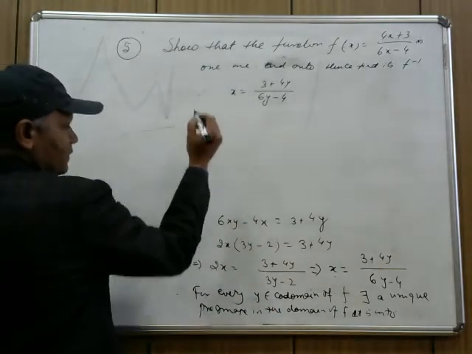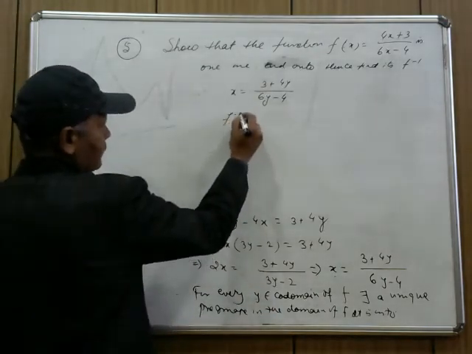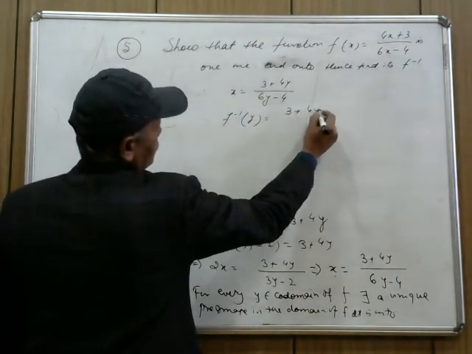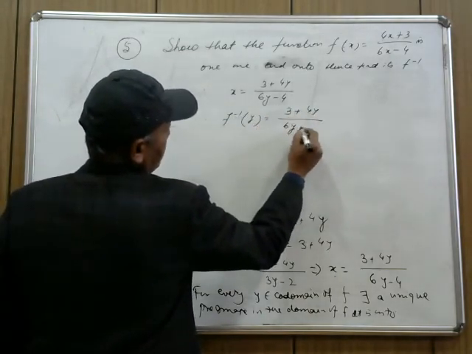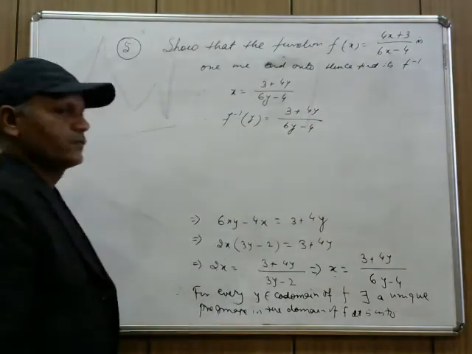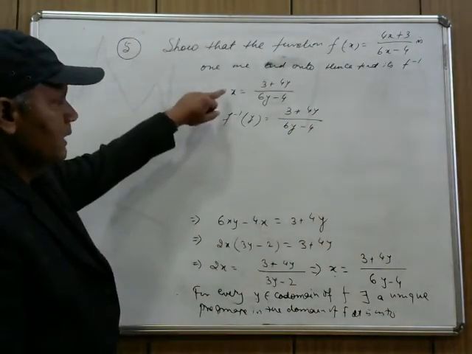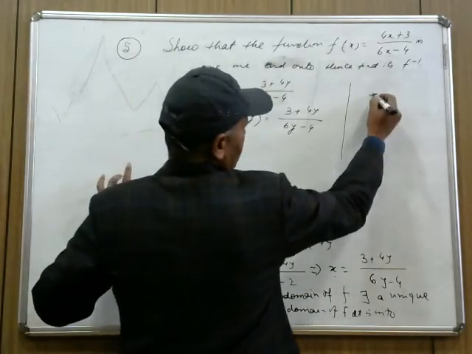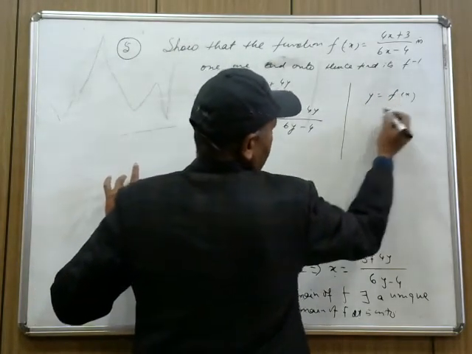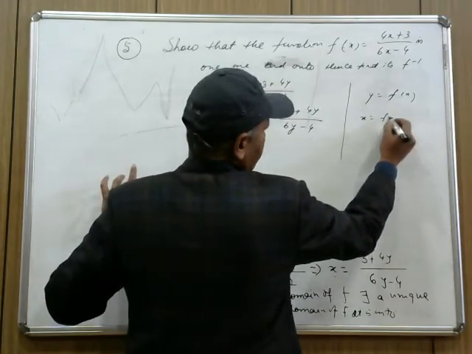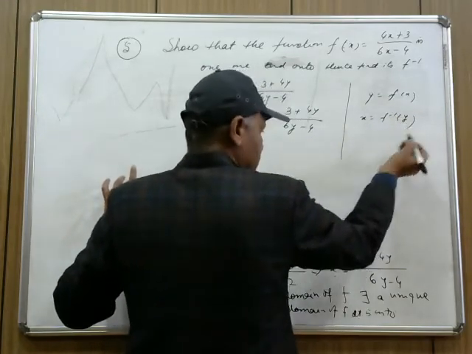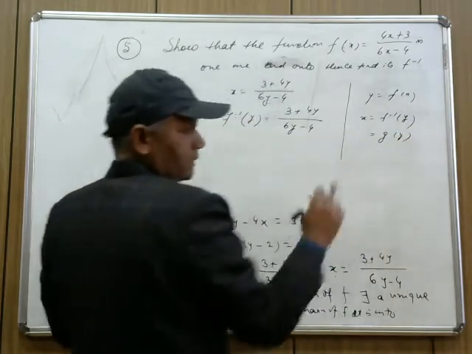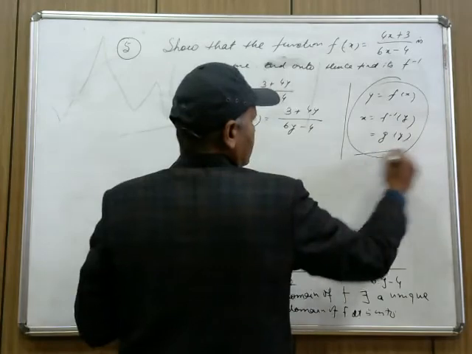Therefore its inverse function is given by f inverse of y is equal to (3 + 4y)/(6y - 4). I think it is clear for all of you how and why I am writing x is equal to f inverse of y. Just for names, y is equal to f of x. Now x is equal to f inverse of y. This f inverse of y is sometimes written g of y, isn't it? Inverse function. Please don't forget this part.